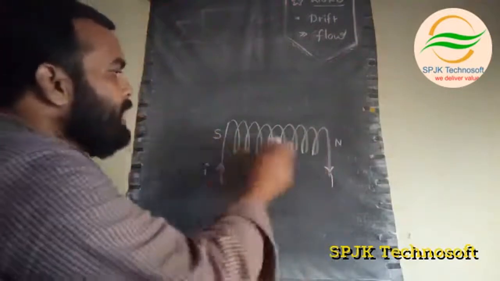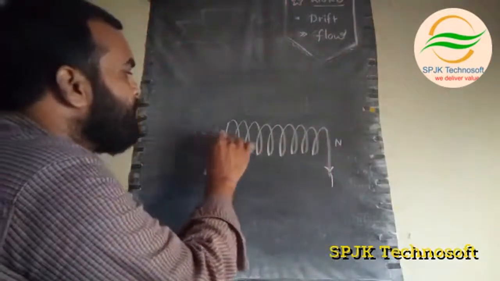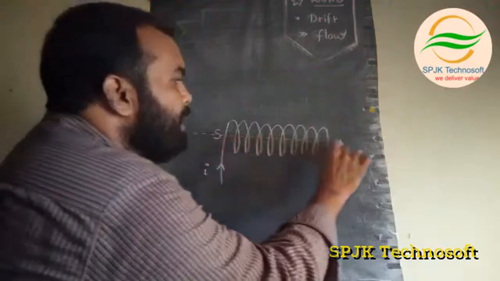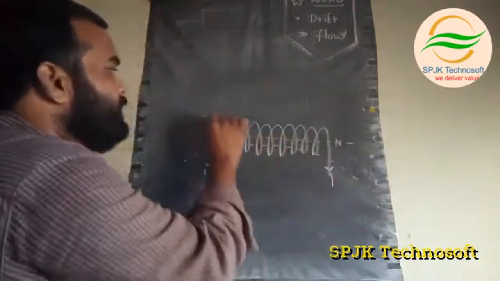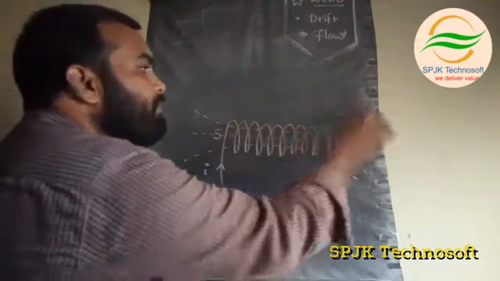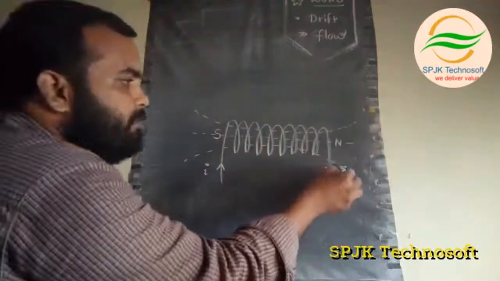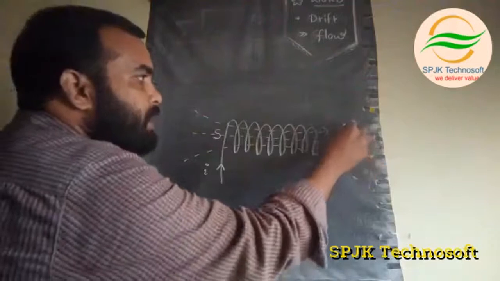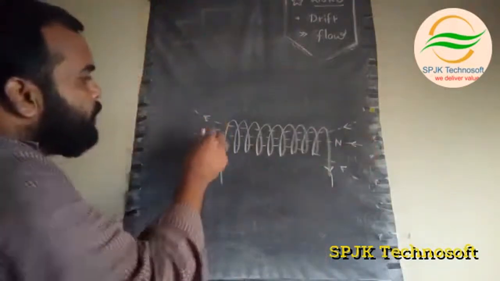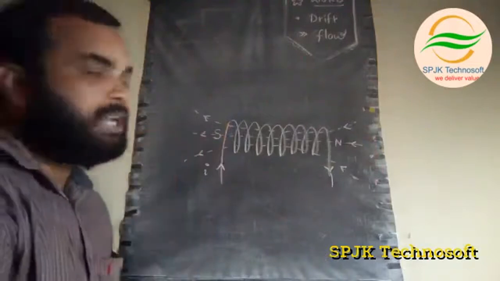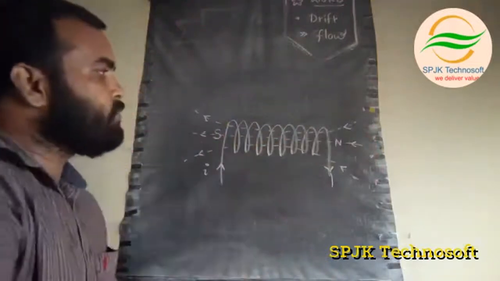Here the magnetic field is generated. Please see the magnetic lines, which we are representing with dotted lines. This is the shape of the magnetic field lines. Because of the north pole, they enter into the coil at one end and leave from the coil at the other. These are the magnetic field lines in case of a solenoid.